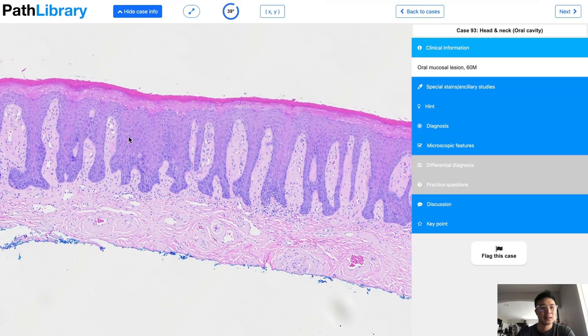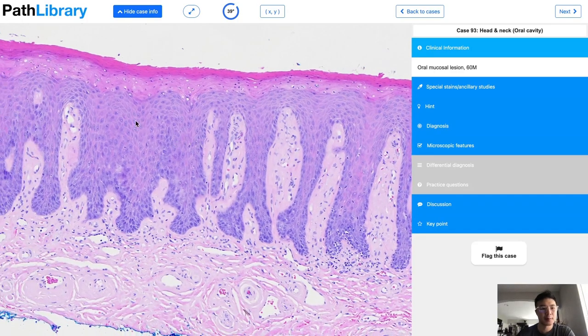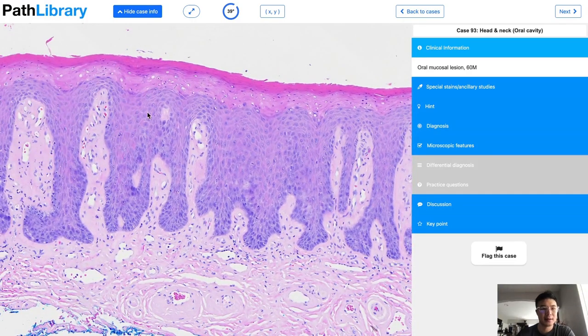So we have just normal stratum spinosum here, within which are these keratinocytes, and you can see there's a little bit of edema because you can see the intercellular bridges, mild, not great.